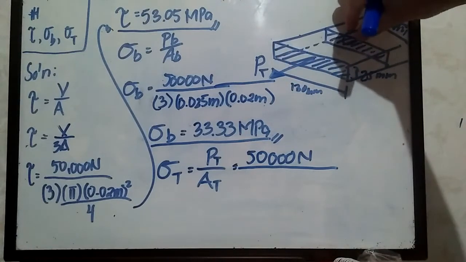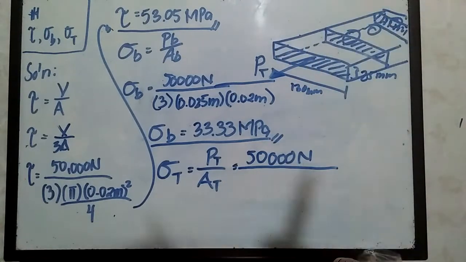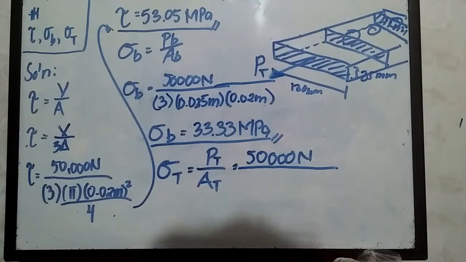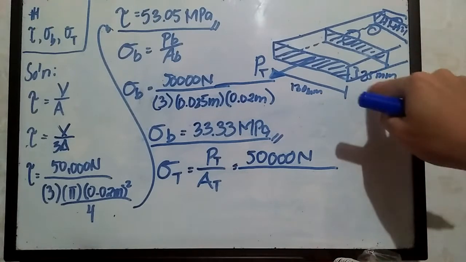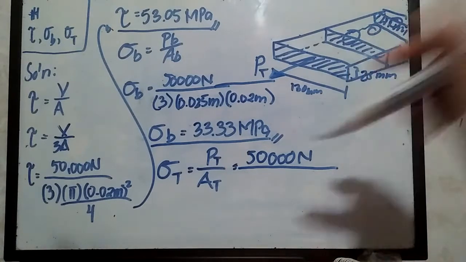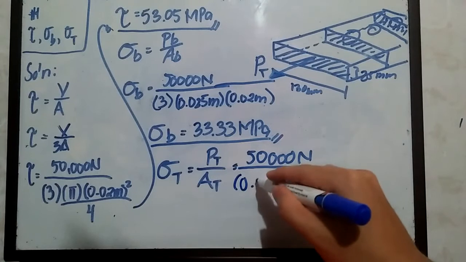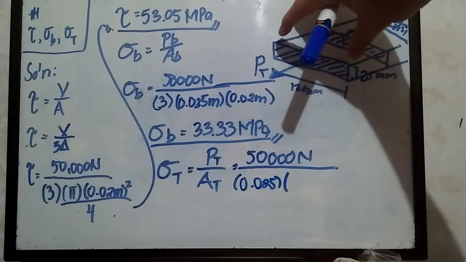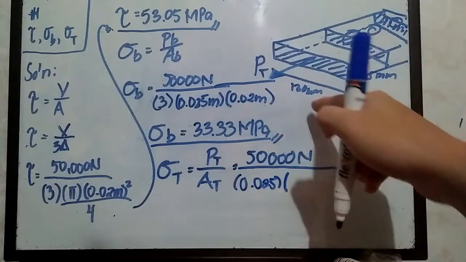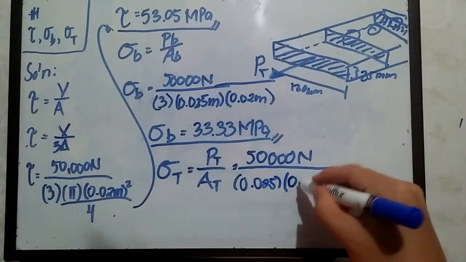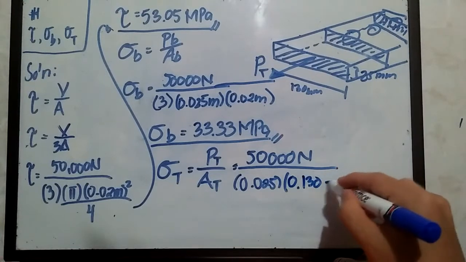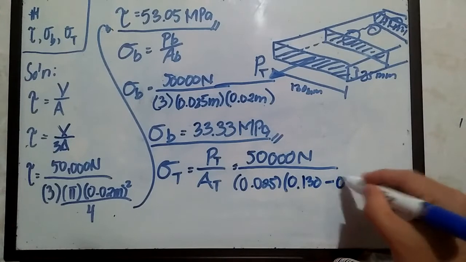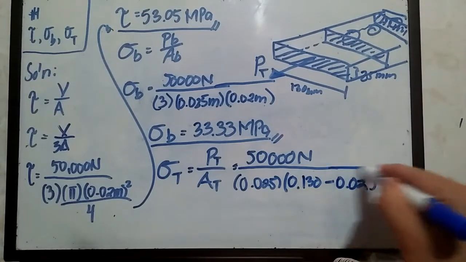This is a rectangular shape, so the area is the thickness 0.025 multiplied by the length of the plate, 0.130, minus the diameter of the rivet, 0.02.